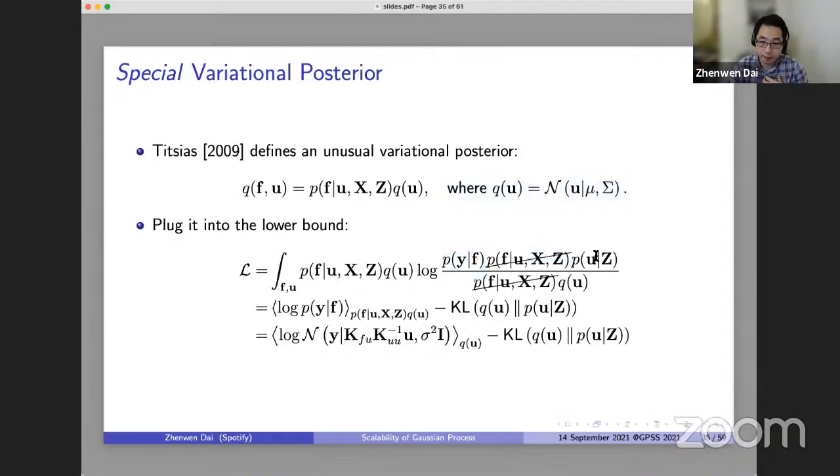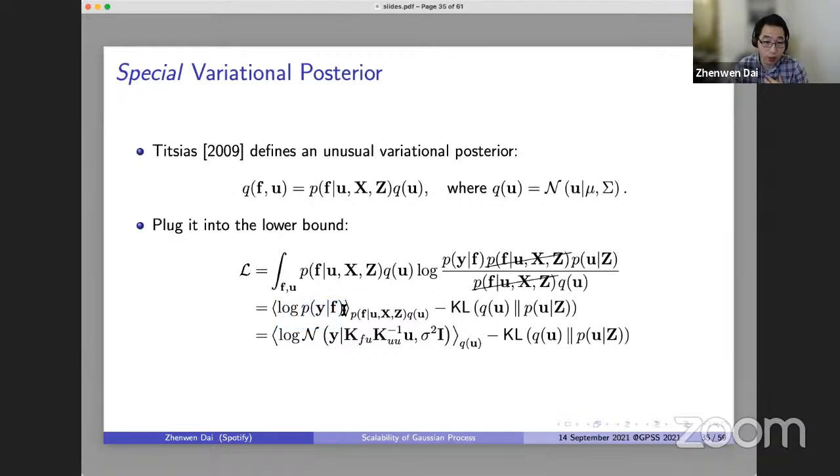Then this part, the P of U and the Q of U with the integral over Q of U in front, is basically a KL divergence between the variational posterior of the inducing variable and the prior distribution of those inducing variables.